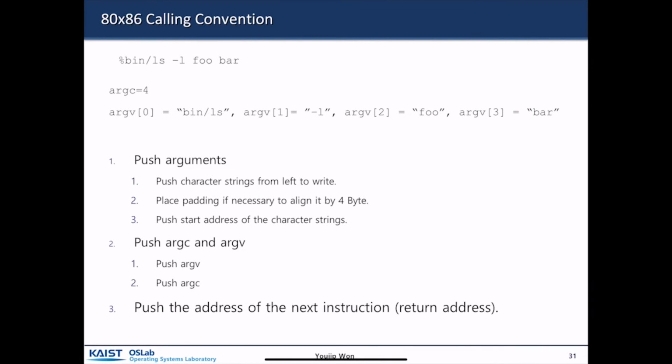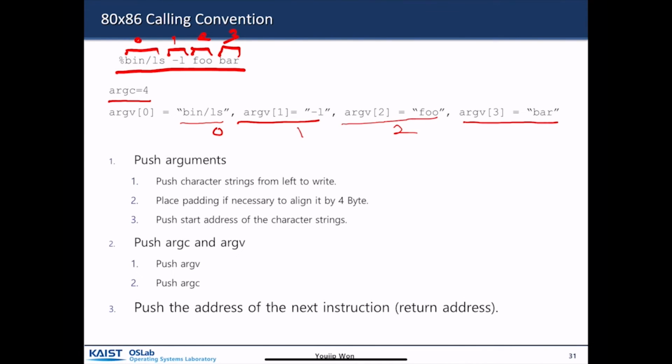Let's consider this command line. It contains 4 arguments, 1, 2, 3, 4. The index is 0, 1, 2, 3. So the ARGC is 4, and the array of strings: this is index 0, this is index 1, this is index 2, and index 3.